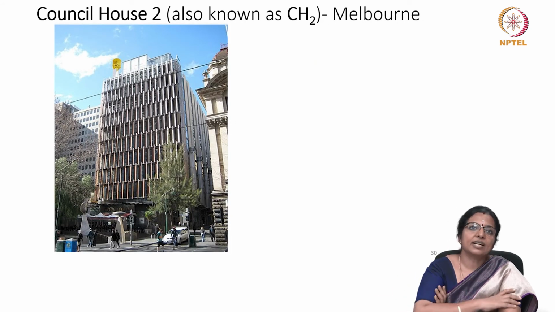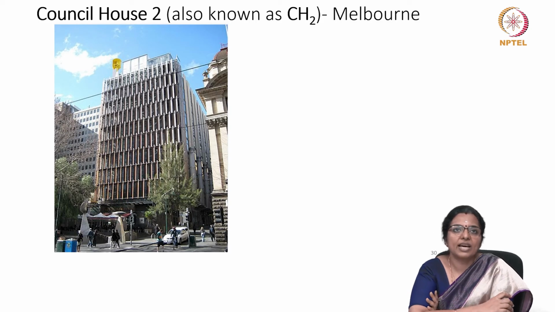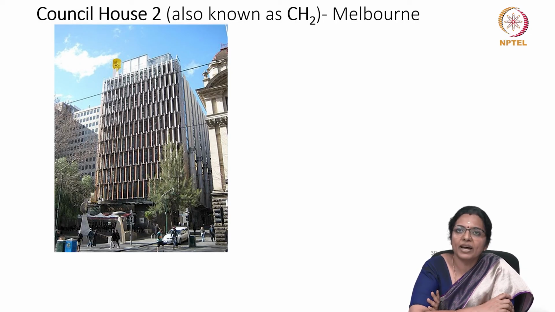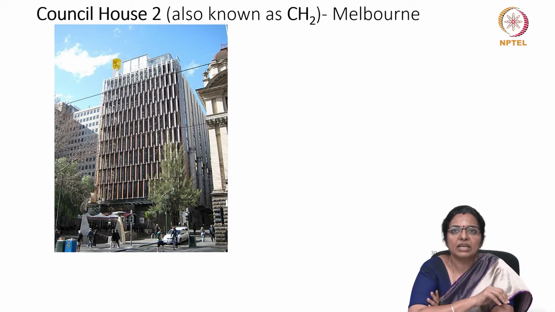And the last case study we will see for today is the Council House 2. So this Council House 2 again is comparing to a building with a 6 green star rating. This building has 64% lower emissions as compared to another building which does not have a dynamic facade.